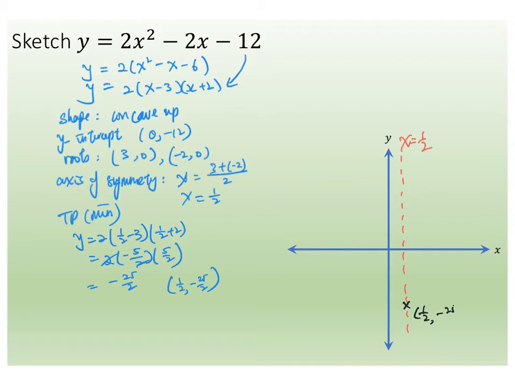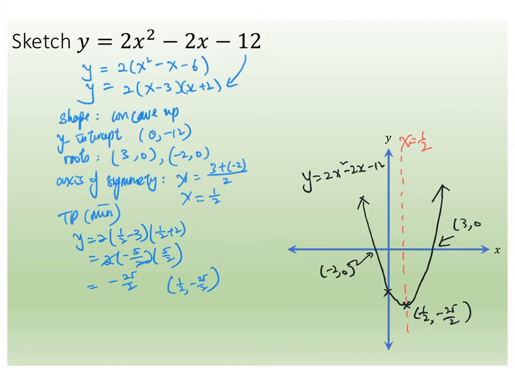Alright, the y-intercept is 0, minus 12, and let's put it somewhere here, and this is your parabola, y equals 2x squared minus 2x minus 12. So that point here is minus 2, 0. This point here is 3, 0. That's all you need to do for sketching. Because there's no scale, you can approximate and then sketch it.